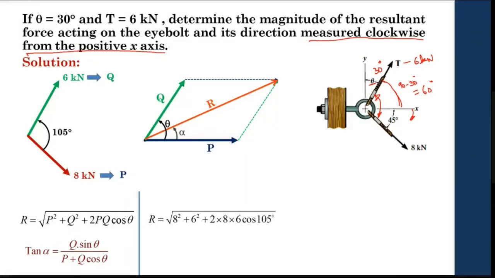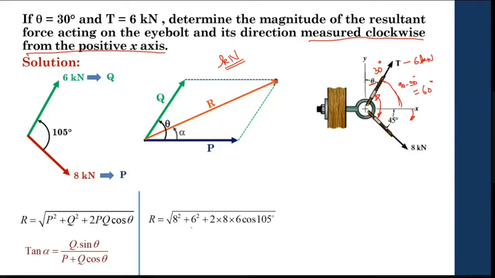Everything I am considering as kilonewton, so the value whatever I enter is only 8 and 6. Once done, the answer will also be in the same kilonewton. So you match it accordingly, based on the unit you are fixing.